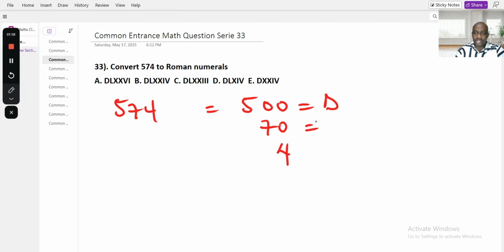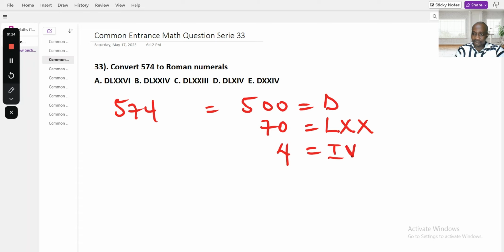Now, what is the Roman figure for 70? L is 50, X is 10. This one making 60. Another X making 70. L, 50, plus 10 plus 10, that's 70. What is the Roman figure for 4?